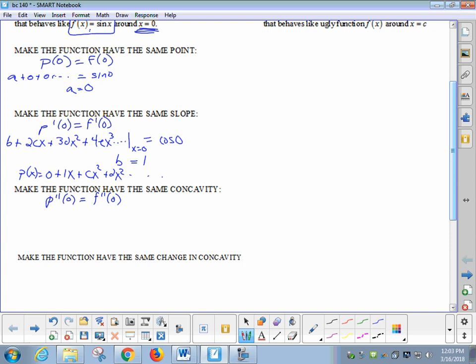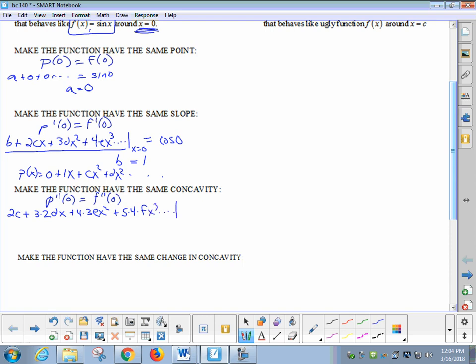Now, the second derivative is the derivative of that bad boy. What's the second derivative? 2c plus 6, I'm not going to call it 6, I'm going to call it 3 times 2 dx rather, sorry, plus 4 times 3 ex squared plus, what would the next one be just for fun? 5 times 4 f, which would be a really terrible constant choice, but you get the idea. x cubed, dot, dot, dot.